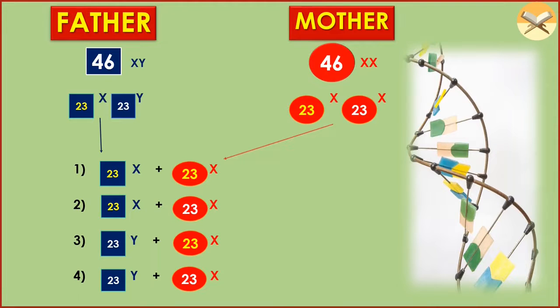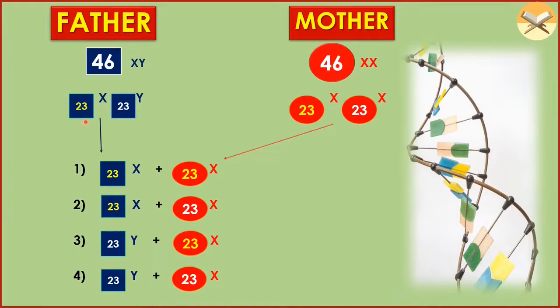As we know, human beings have 46 chromosomes, so here there's a father with 46 chromosomes and a mother with 46 chromosomes, which are diploid in number. Gametogenesis occurs and there is gamete formation. According to meiosis, the number of chromosomes gets reduced from 46 to 23. This means the diploid number of chromosomes is converted into the haploid number.